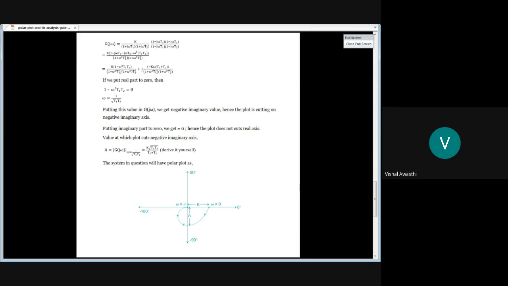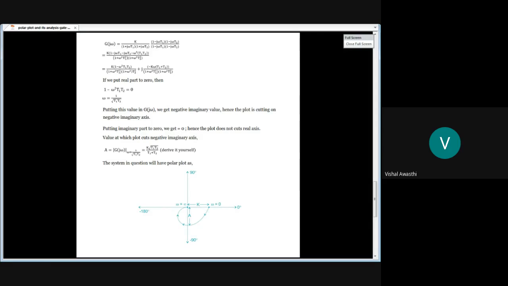Now you can see on the screen, in this one it is also required to get the cutting point at the j omega axis, because this plot is going to cut the j omega axis. So you have to rationalize your open loop transfer function.